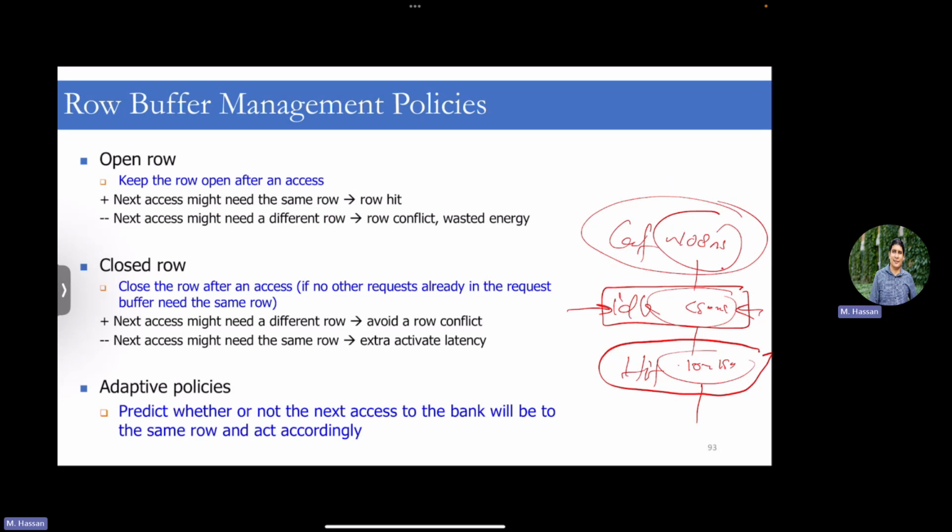If you have a closed page policy, it's basically quite simple. I wouldn't consider this... I disagree with this slide. These are slides from the textbook, and they have their own definition of closed page policy that is not necessarily what I would agree with. So this is closed row.